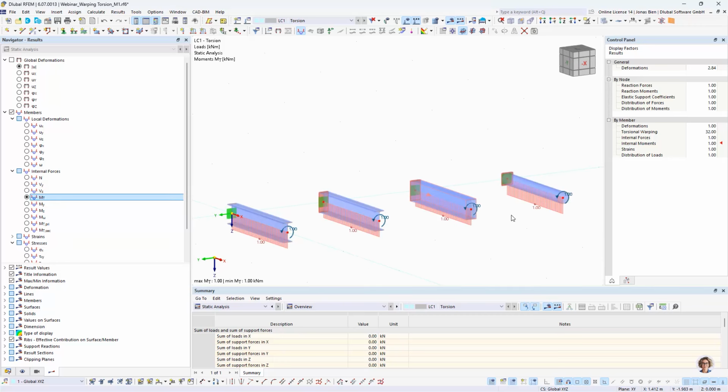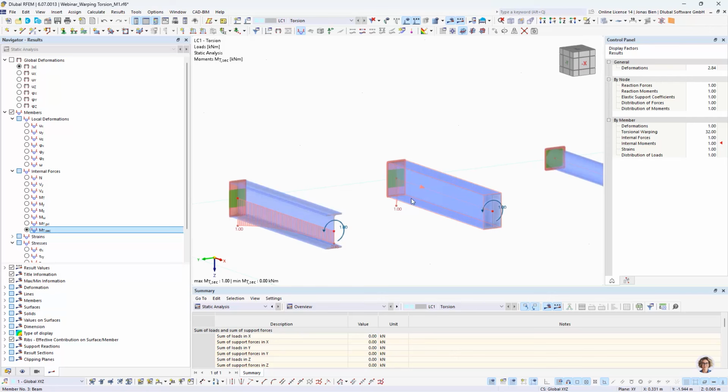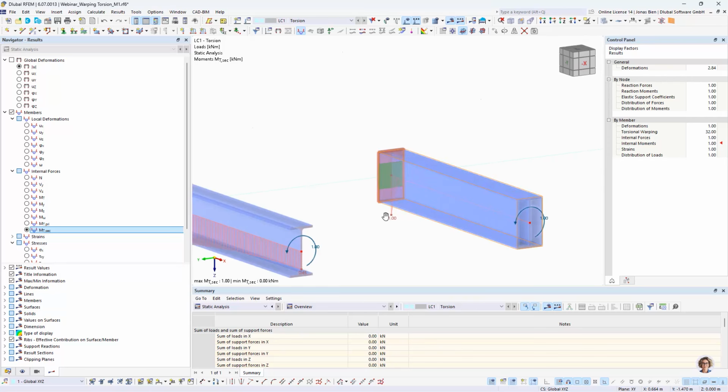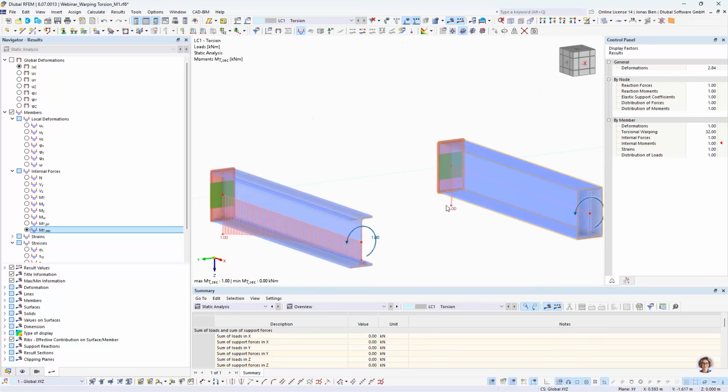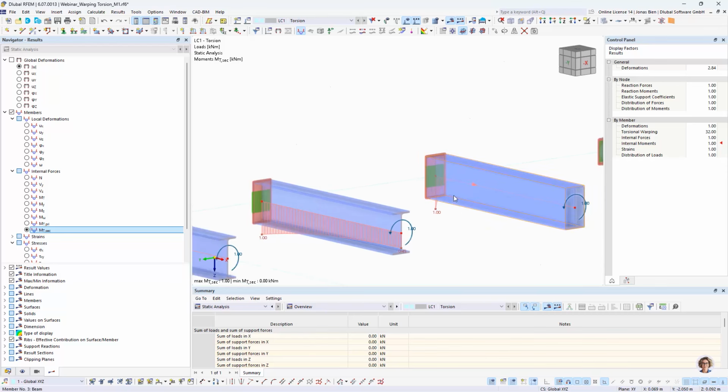So again, just to check for sanity, we have a torsional moment of 1 in all cases, but the secondary torsional moment in this case where we have the minor warping section is also 1 at the restraint, but in the vicinity of this restraint, it very quickly vanishes. That's what we learned about the decay factor.